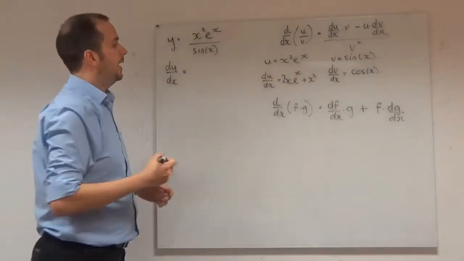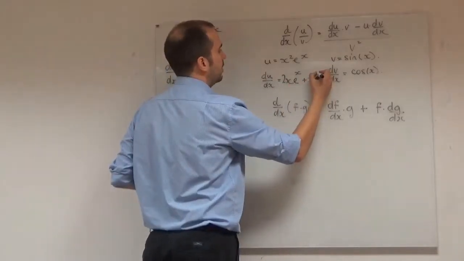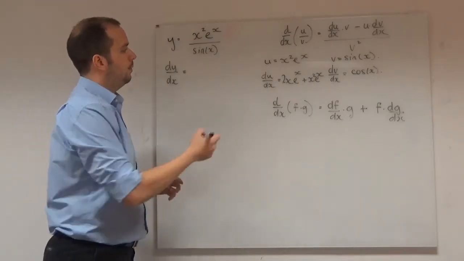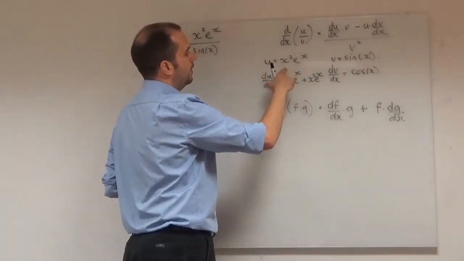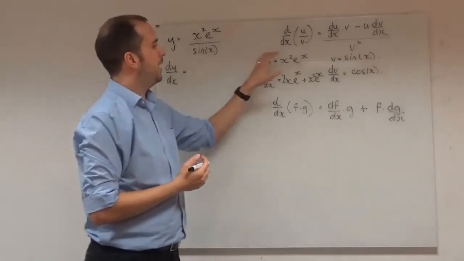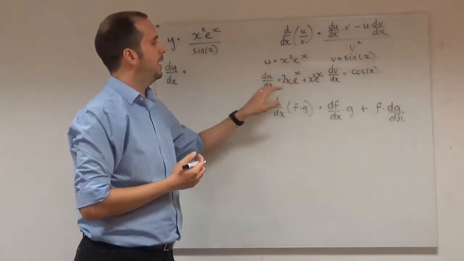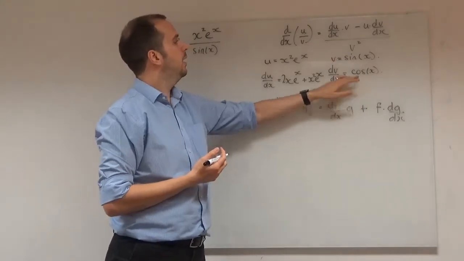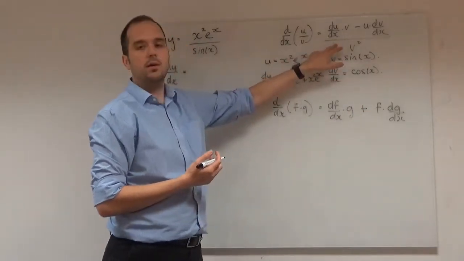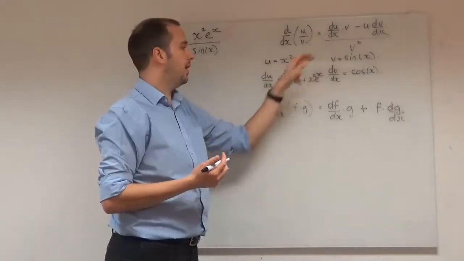And if we differentiate e to the x, it stays as e to the x. So we've used the product rule to find du by dx. And we've got everything now. We have our u and v, and we have the du by dx, and we have our dv by dx. And we can now substitute these four functions into our quotient rule to find our dy by dx.